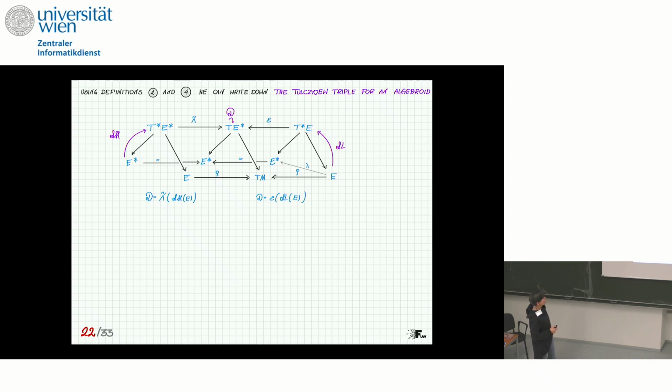And we took definition 4, which provides us the epsilon map. We put it on one diagram. It is over the identity on E star, and down there we have the anchor map for the Lagrangian. So as a matter of fact, the Tulczyjew triple for a Lie algebroid is just the two definitions put together in one diagram.